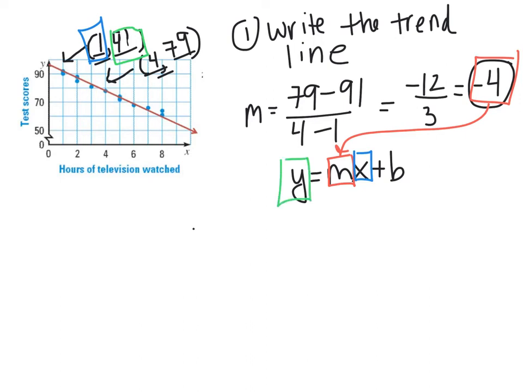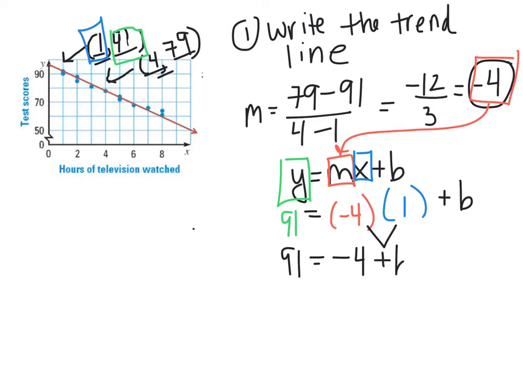And I'm going to get 91 equals negative 4 times 1 plus whatever b is. So 91 equals negative 4, and 1 multiplied to be negative 4. And then I just have to solve for b by adding 4 to both sides.